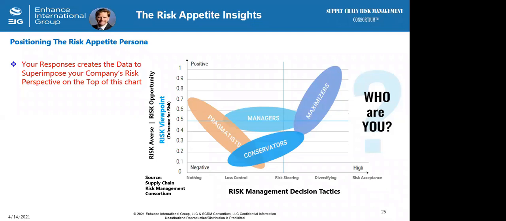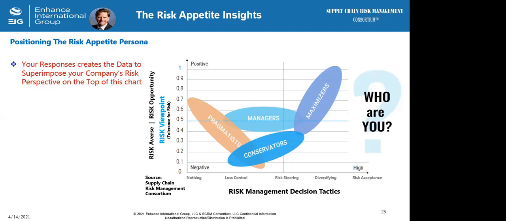So now we're really looking at positioning the risk appetite persona for your organization. And of course, this involves this cross-organization, cross-functional supply chain team responding to these perspectives.